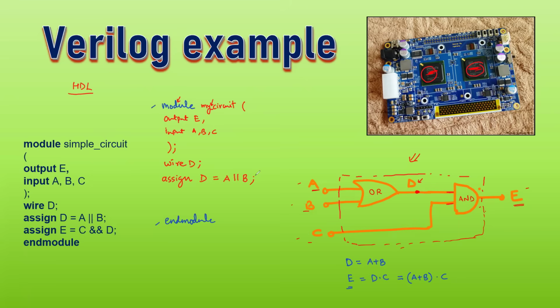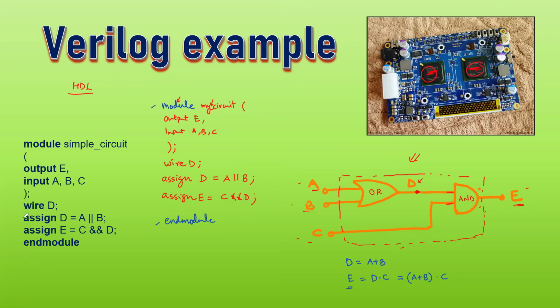After the end of the statement, don't forget to use a semicolon. And again, I will say assign E is equal to C and D. Now, if you see, there is a special operator I am using, which is used for performing the OR operation, and this operator is used to perform the AND operation.